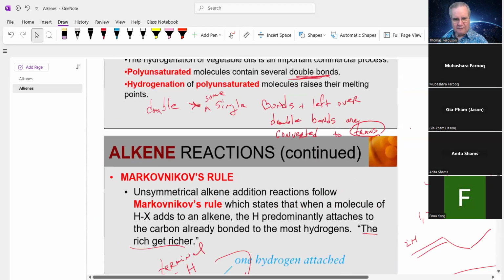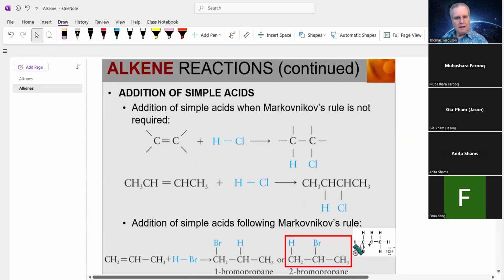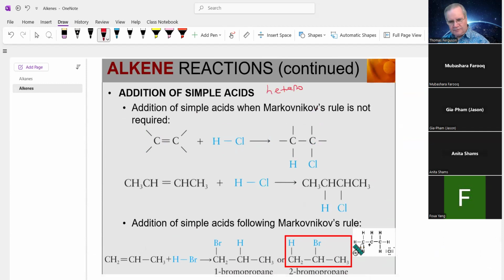Okay, so let's now. All right. And again, this is heterogeneric now. Whenever we add a heterogeneric additive, expect a mix. Not all the time, but again, expect a mix.